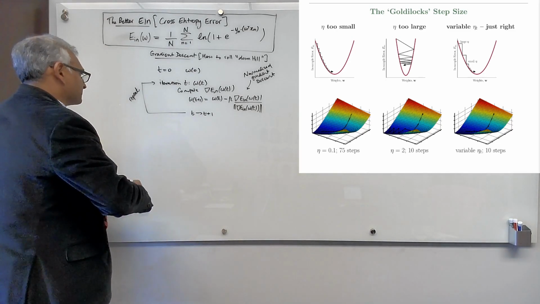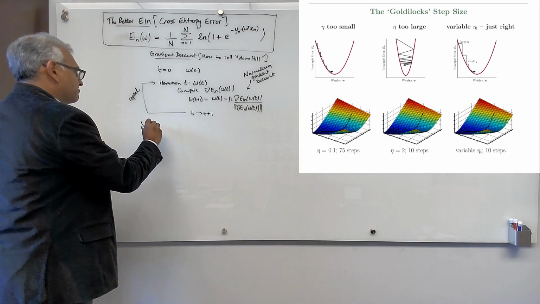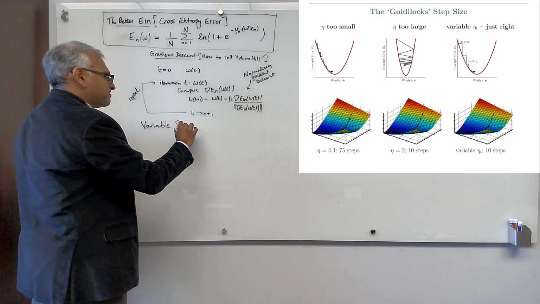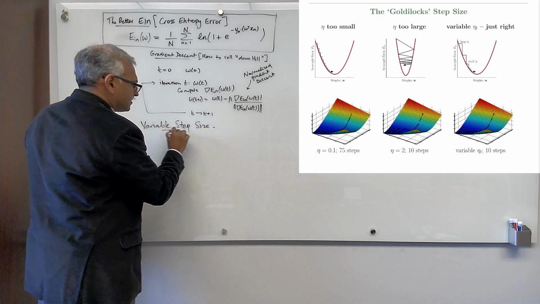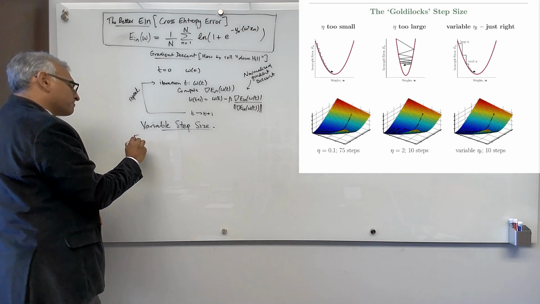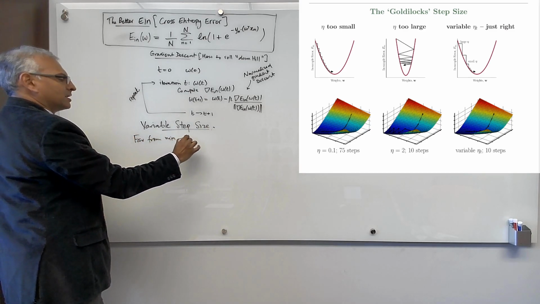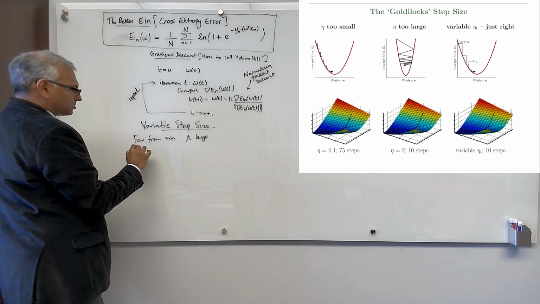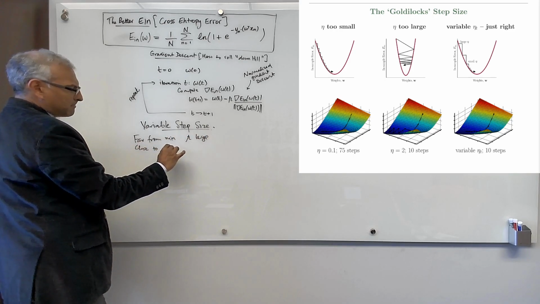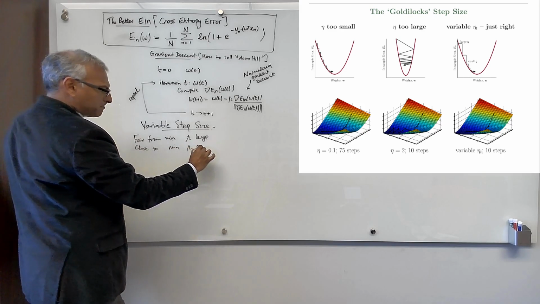Variable step size. Far from minimum, you want eta large. Close to minimum, you want eta small.